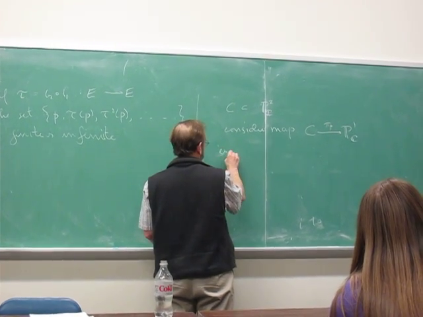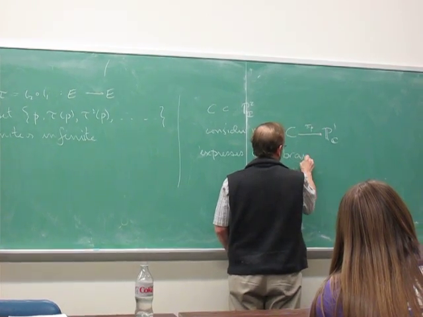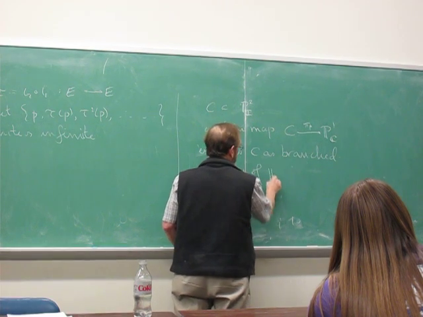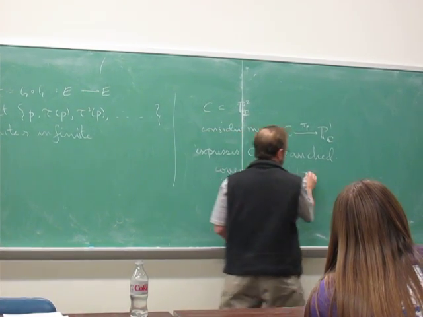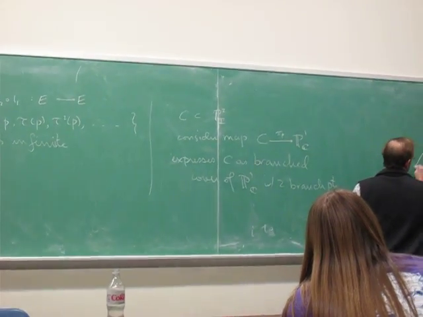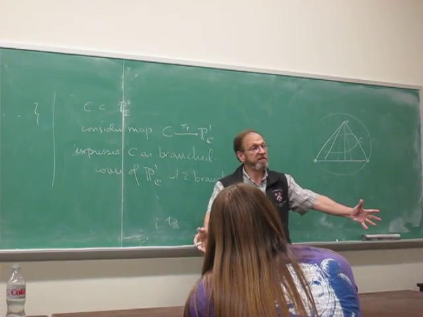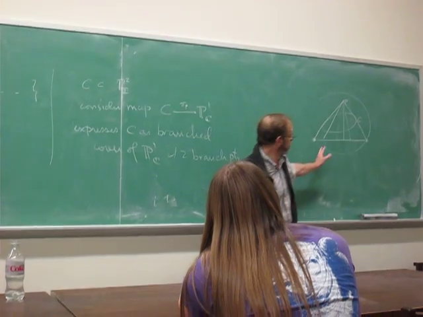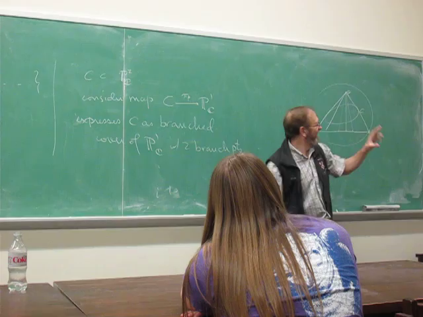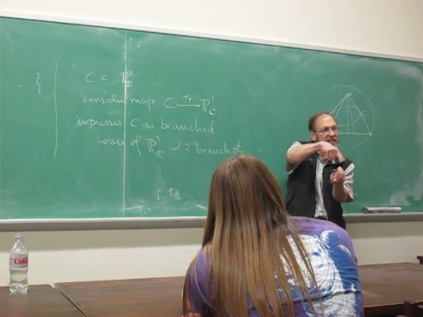This expresses C as a branched cover of P1C with exactly 2 branch points, meaning that away from these 2 points in the target sphere, the map is a covering space. It's a perfectly nice 2-sheeted connected covering of the twice-punctured sphere. But at these 2 points, the 2 sheets come together, and in fact, they wind around.